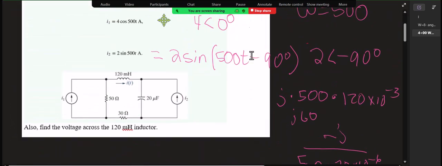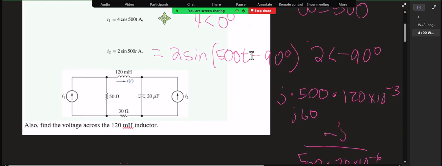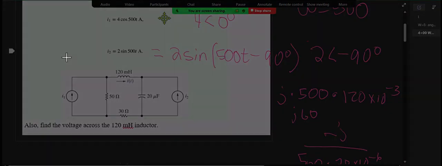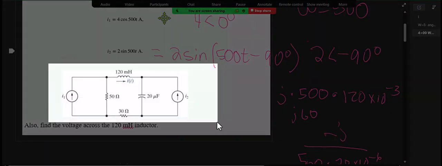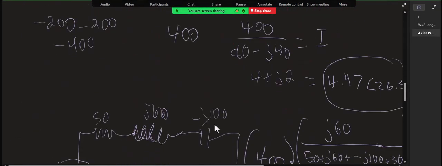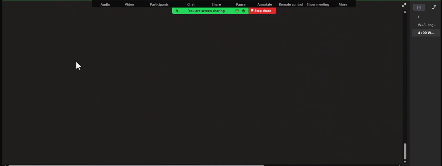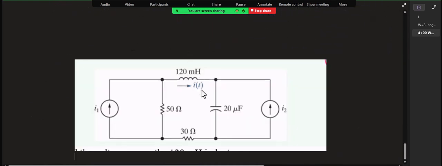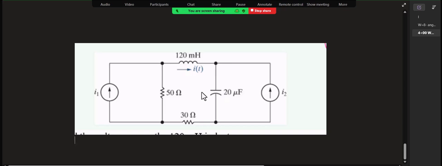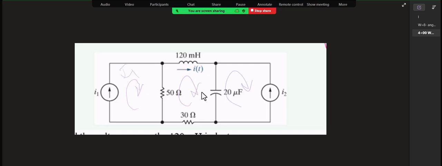All right. Okay, so mesh approach, and since I'm going to do this mesh right now, I'm not going to do another one at the end, but let's see how the mesh would work on this one. So, okay, we'll draw 3 mesh currents, and I'll call them I1, I2, and I3.